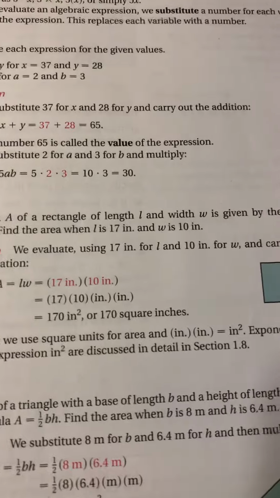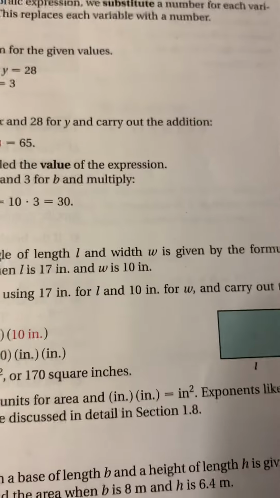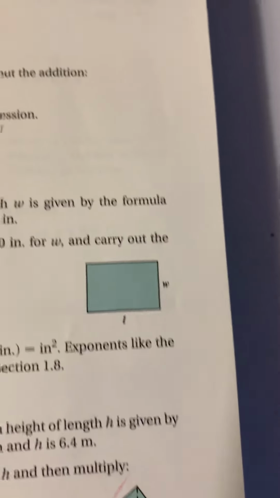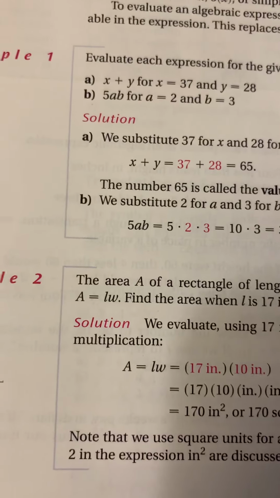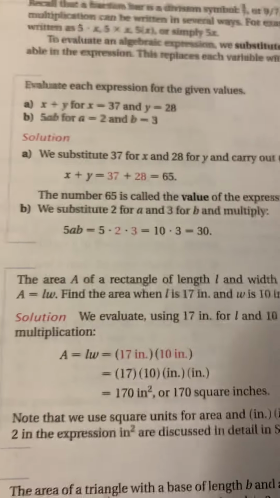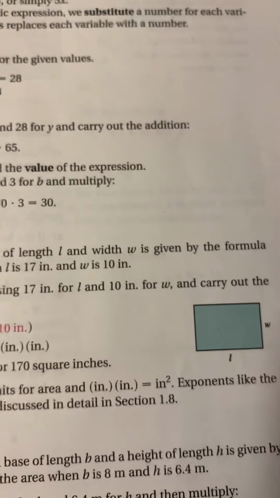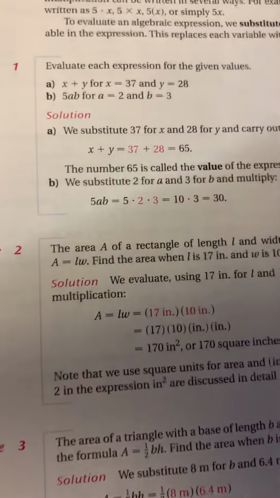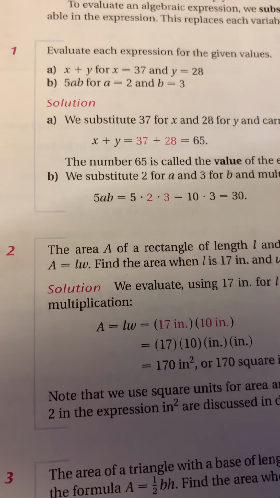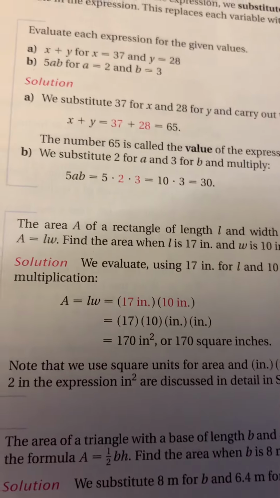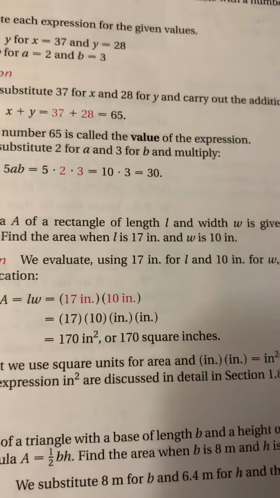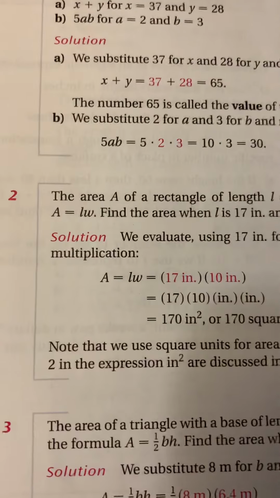It says the area of a rectangle, length L, that's the length, and width W, that's the width. The area, capital A, of a rectangle of length L and width W is given by the formula area equals length times width, or A equals LW. Find the area when L is 17 inches and W is 10 inches.